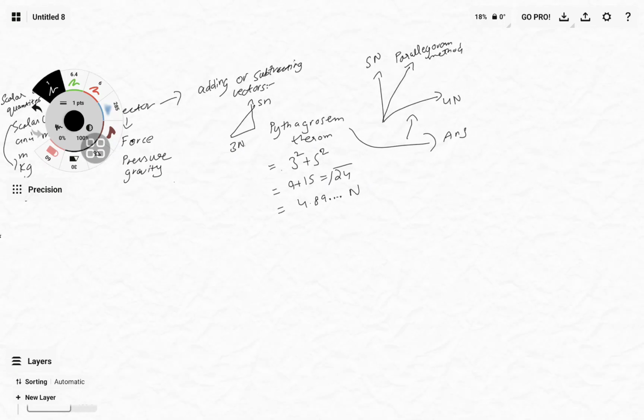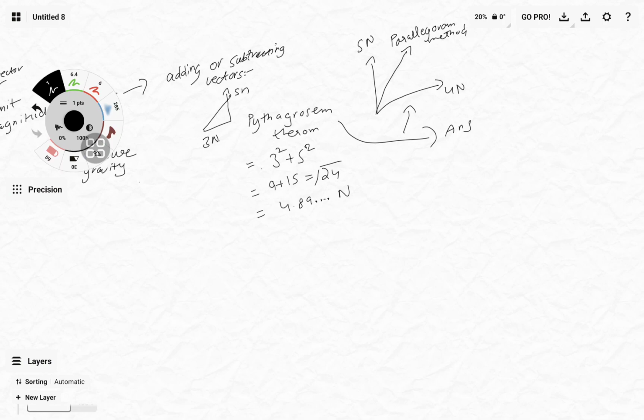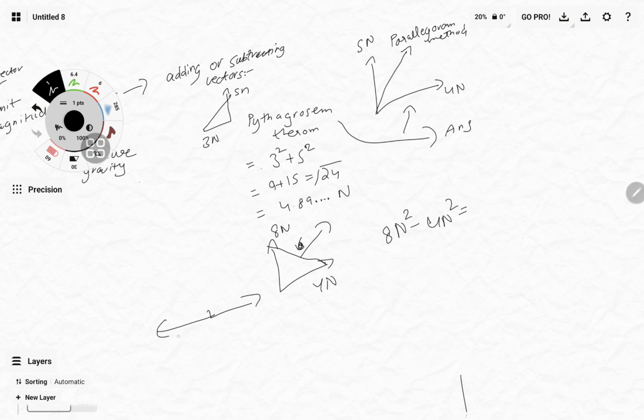If we have subtracting vectors, we will just use the same method but subtract them. Like we have 8 Newton and 4 Newton. These are opposing forces that you can think of as subtracting, like one is going here, one is going there.